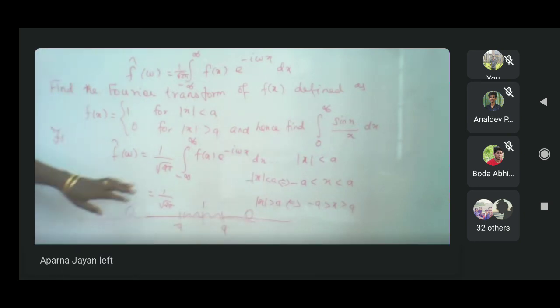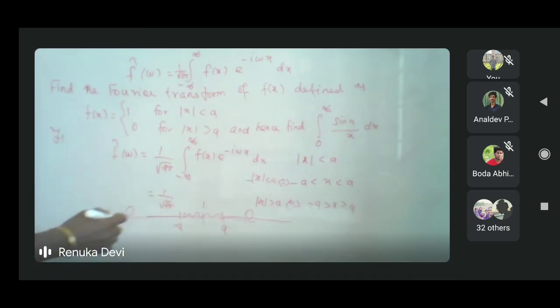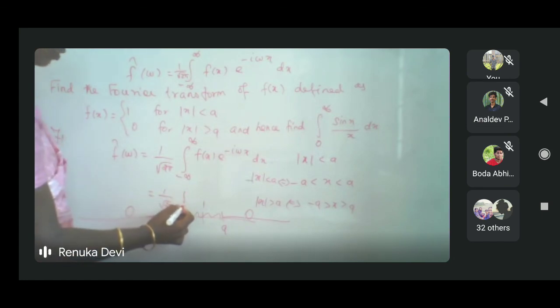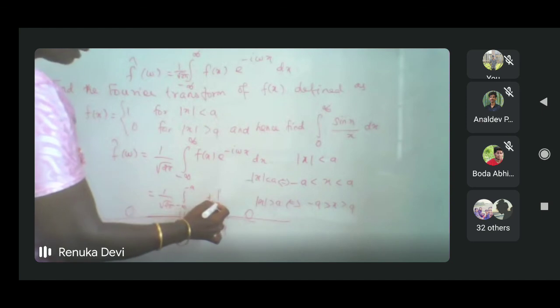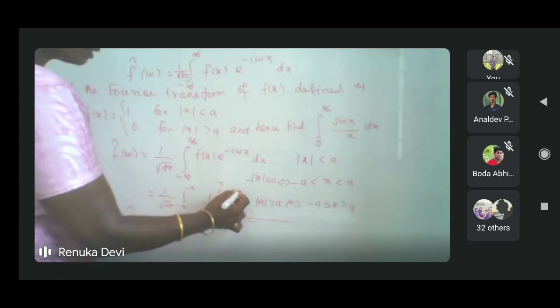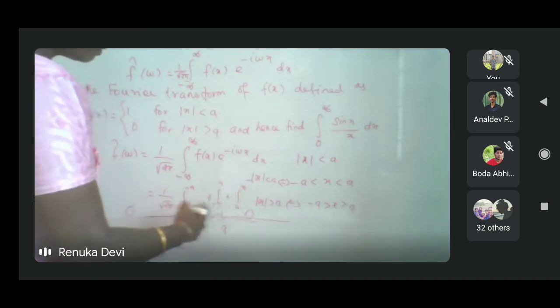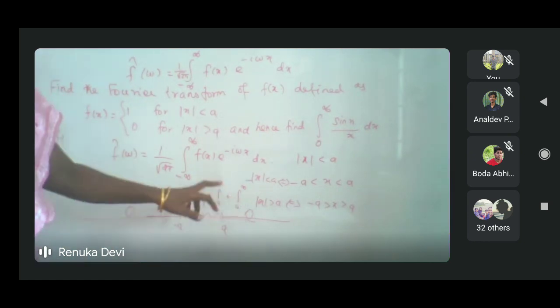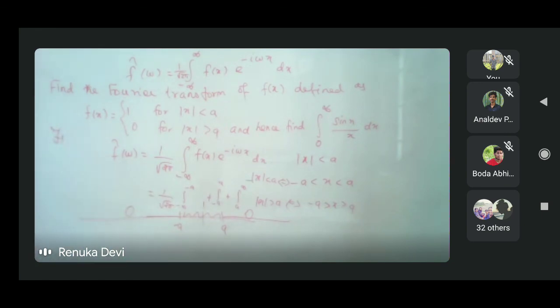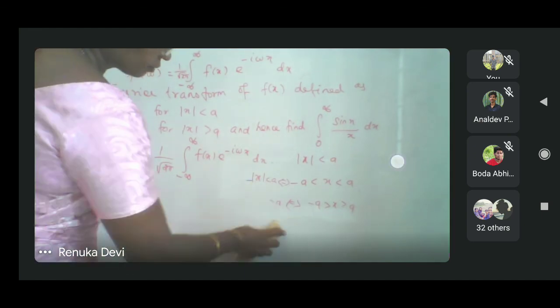Therefore this integral reduces to minus infinity to minus a, plus minus a to plus a, plus a to infinity. Like this we have to divide the integral into 3. In the first and third integrals it is 0, and only in the middle integral the value exists. I rewrite.